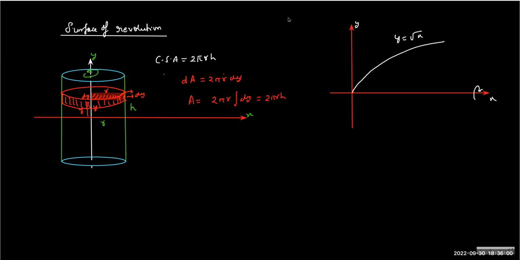A surface of revolution, something like this. So upon rotation, you get a surface of revolution. Another question is, what is the surface area of this object? Let's say we are finding up to some height r.